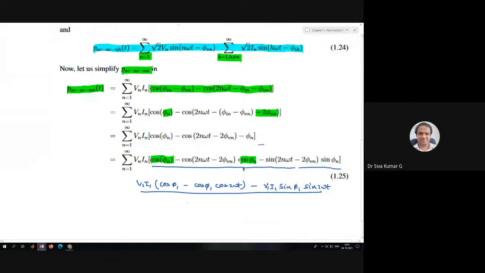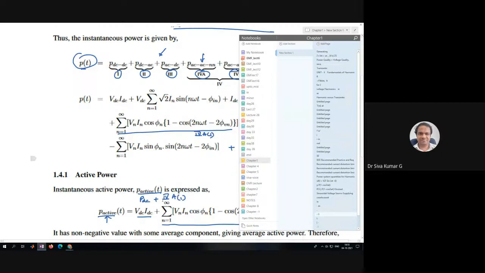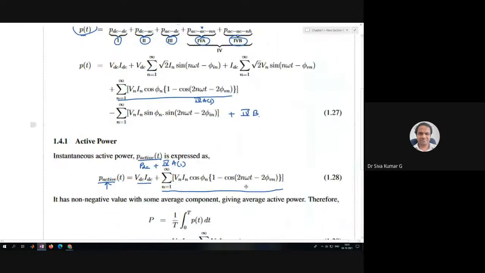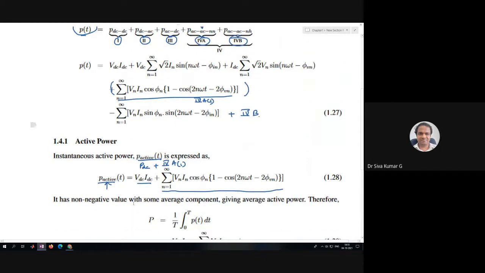P active of t is this equation. It has a non-negative value, and its average component gives the active power.